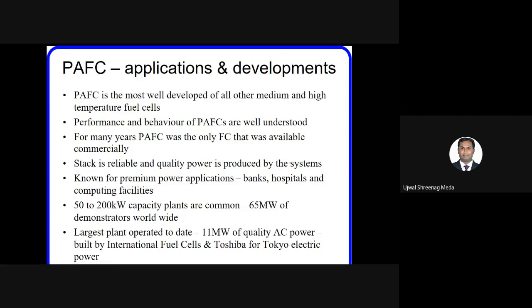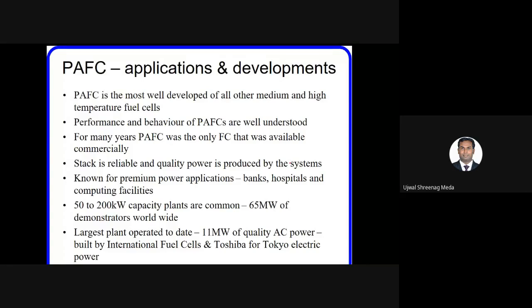And when it comes to reliability, it is very reliable. And if you remember, this is one of the disadvantages in case of AFC. So reliability was comparatively less. Even though the current density was high, it was not very reliable. So here the PAFC stack is reliable and quality power is produced by the systems, meaning it is uninterrupted power supply.